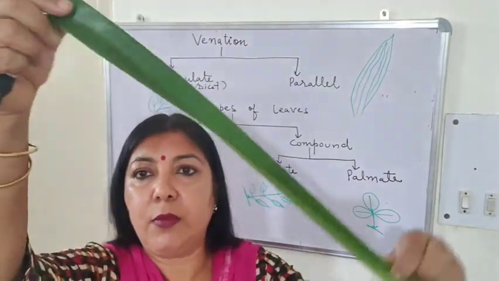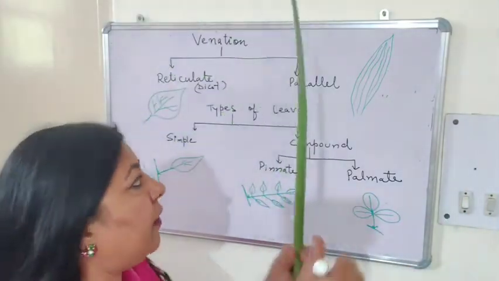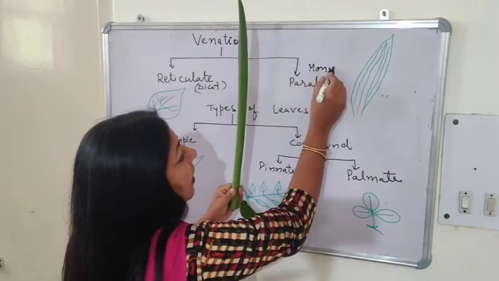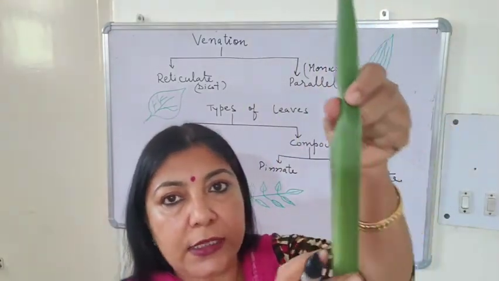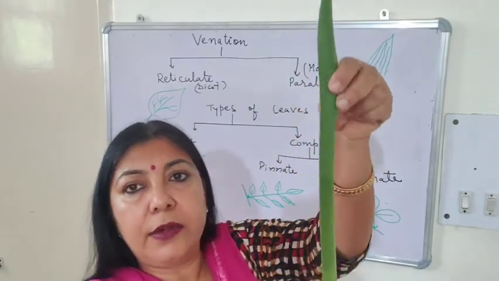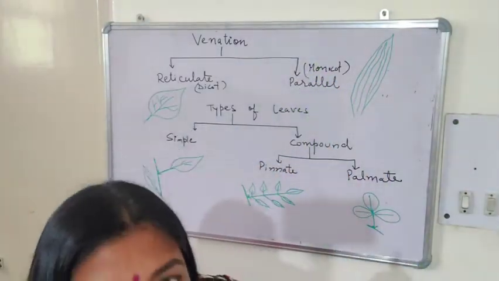For example, here is a monocot leaf. Monocot leaves have parallel venation. All the veins are parallel to the midrib. The main vein is called the midrib and all other veins are parallel to it. That is parallel venation.